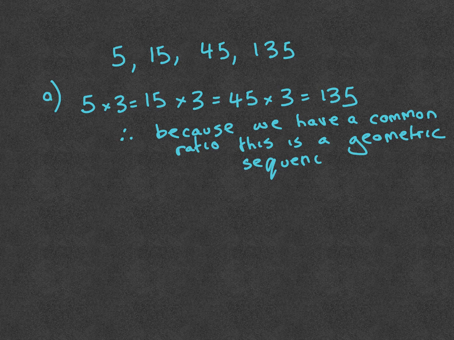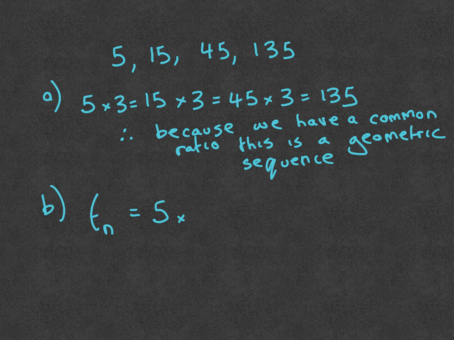Okay, so if we're now to write the relationship between this sequence, how are we going to describe this sequence? So any term number in the sequence is going to be equal to the initial term number, in this case it's 5, multiplied by r, which is the common ratio.